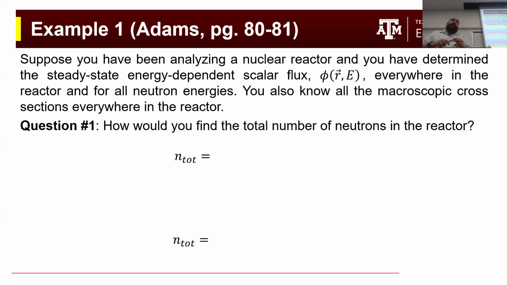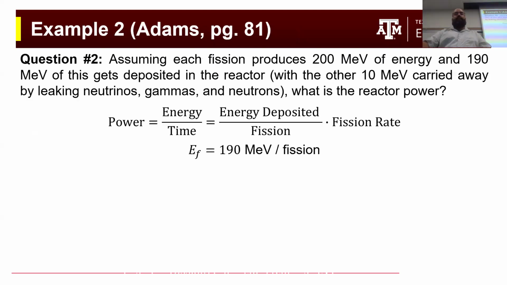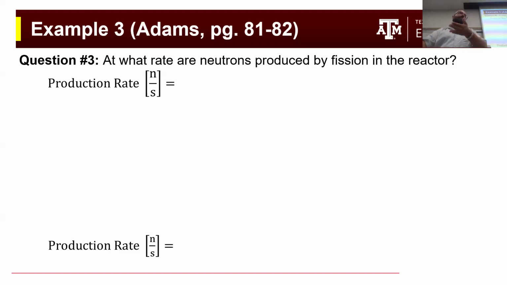Fundamentally, we don't cover that much new stuff in 304 compared to 301. We're just taking it and going into more depth. So this is a good starting point, and these examples in Dr. Adams' notes can help clarify how to use these definitions that we've already introduced.